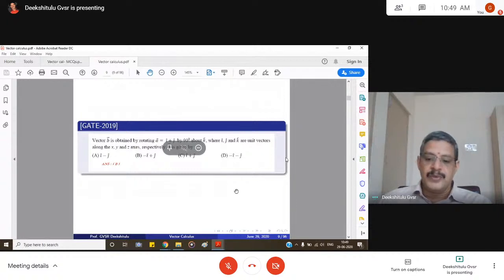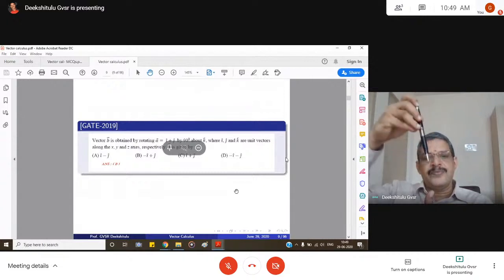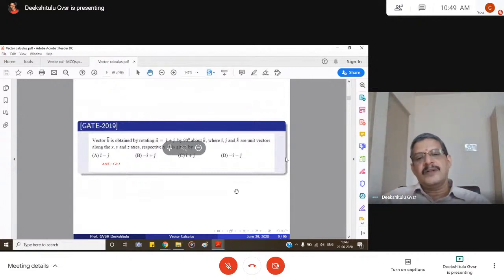Everything is positive. This is rotated by 90 degrees. Now, where is this vector now? In the second quadrant. In the second quadrant, this is negative x-axis and positive y-axis. So the same point, the magnitude is the same. So, what happens?